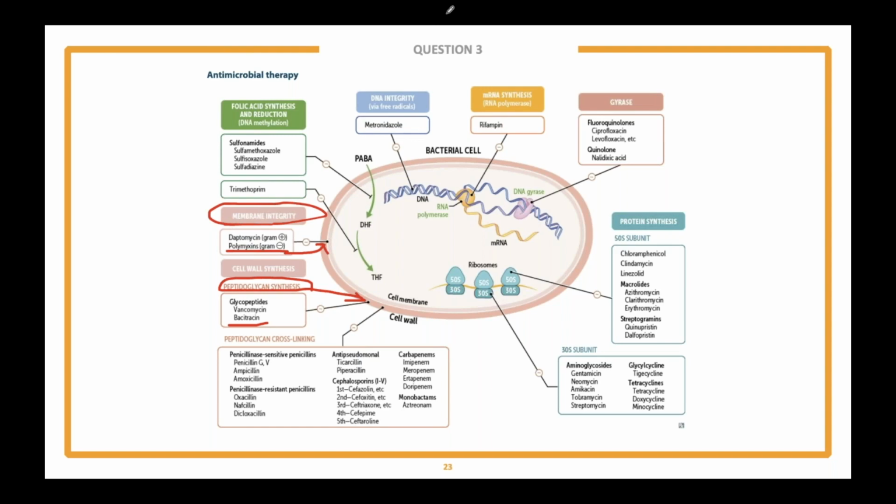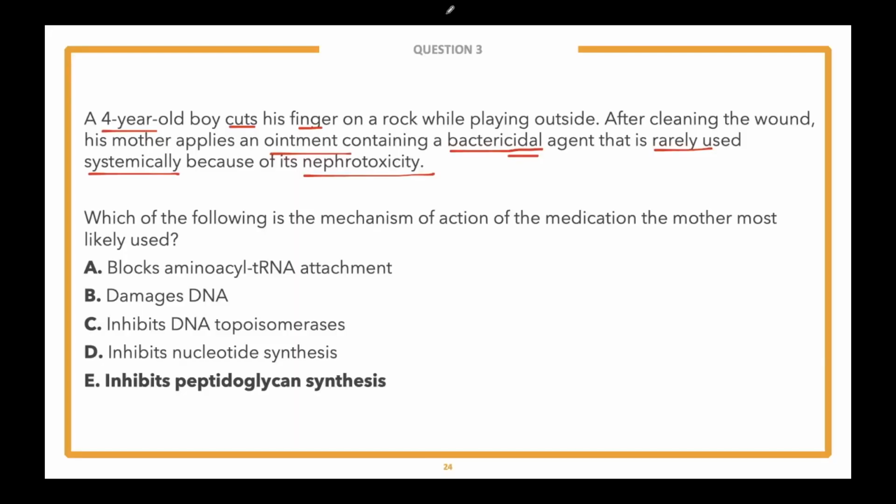So if we go back to the answer choices now, the first thing is, there's no answer choice that reflects what polymyxins would be. There's no answer choice that is anything like disrupting the cell wall. And so we are left with the correct answer then being E, inhibits peptidoglycan synthesis.